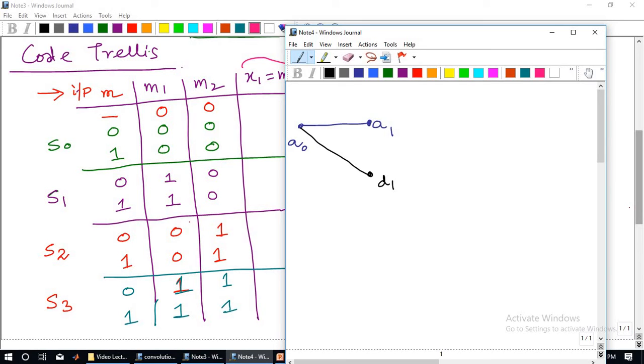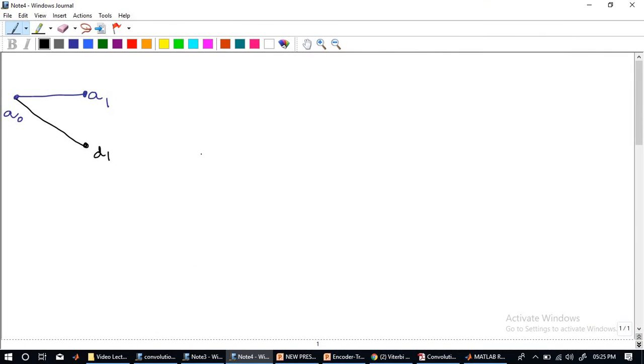Am I clear? Now, we will have to go on doing this for each and every state as we go along. Meaning, we are at this position A1. Now, what are the possible combinations it has? It has only 2.